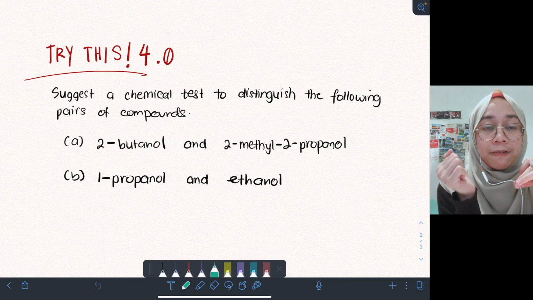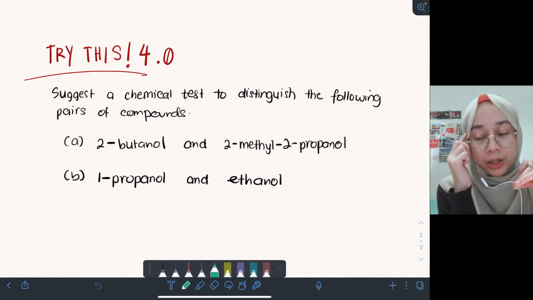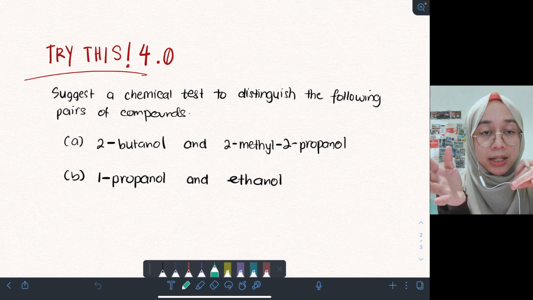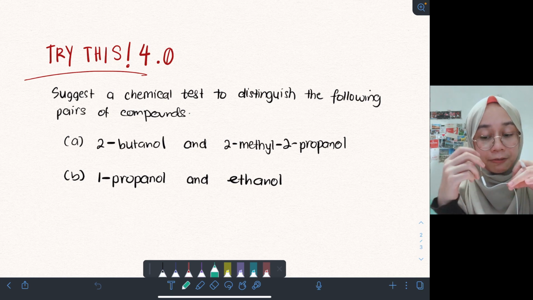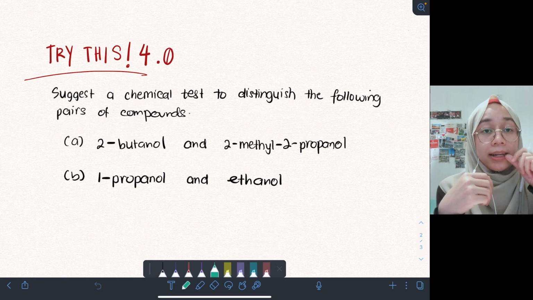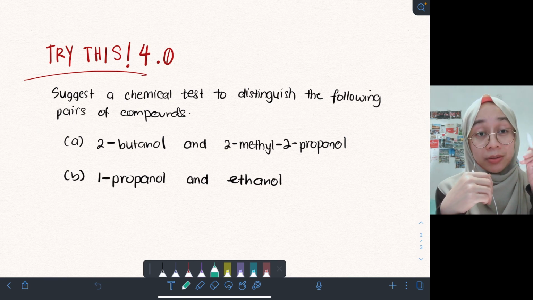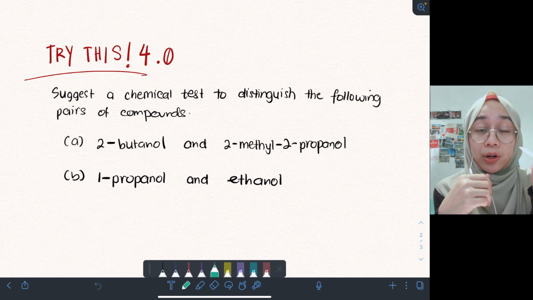Tapi if classes dia adalah sama kelas, then there is a possibility that you need to use iodoform test. Okay, tapi fun fact class, iodoform test, it doesn't work with tertiary alcohol. Okay, because remember how the tertiary alcohol cannot oxidize, right? Because there is absence of hydrogen dekat carbonyl carbon.